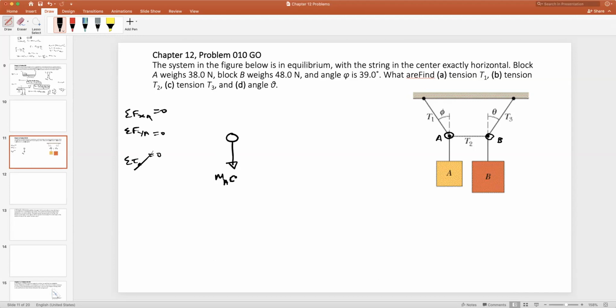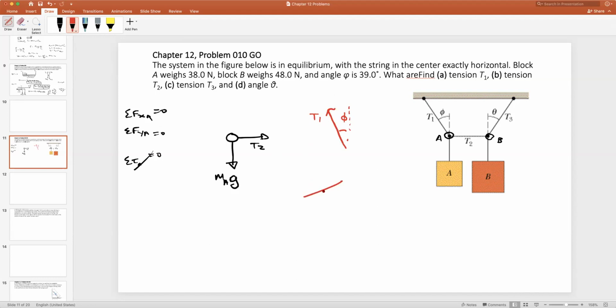MA times G, and we know that this is tension 2. We need all our forces to be in either X or Y. So T1, this vector right here, this is T1, and it's at an angle phi to the positive. They gave us phi as 39 degrees.